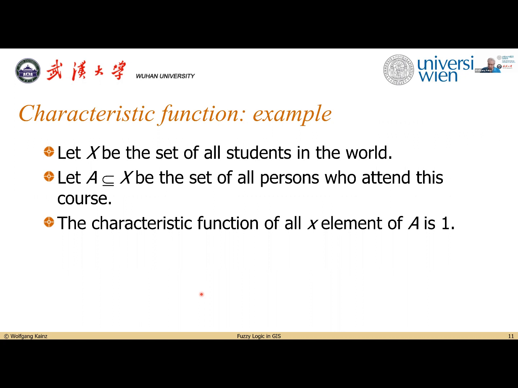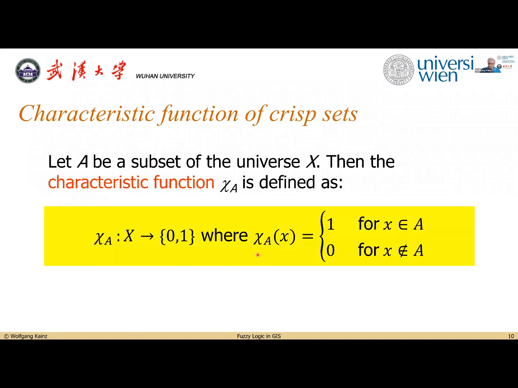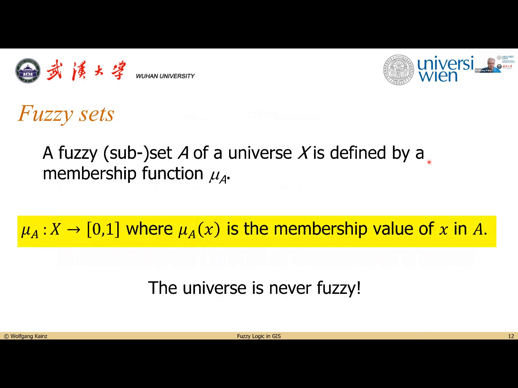So we discussed the characteristic function for traditional sets. The characteristic function always giving us a value of 0 or 1, 0 when an element does not belong to the set, and 1 when the element belongs to the set. With fuzzy sets, we define a fuzzy set with a membership function.